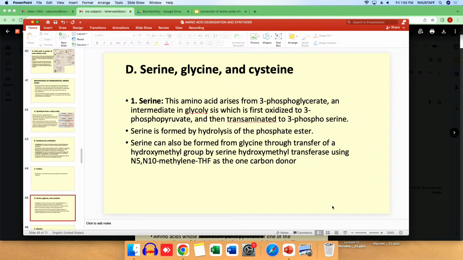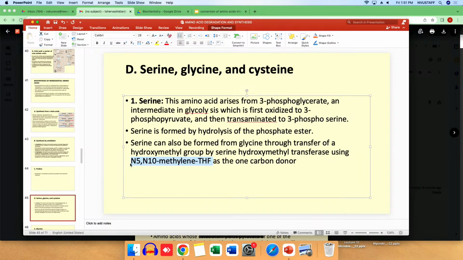It's not the only step, of course. Something should also happen to give us a serine. This is transfer of hydroxymethyl group. And if you remember hydroxymethyl group donor, we are talking about N5, N10 methylene tetrahydrofolate. N5, N10.